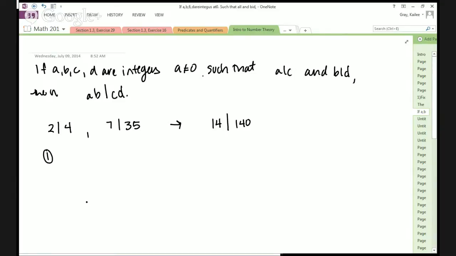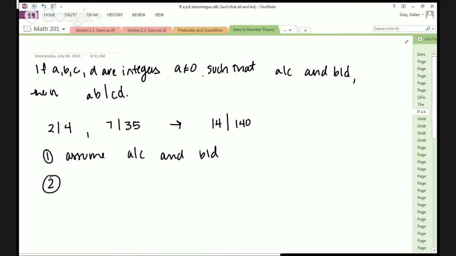So I'm going to start off by assuming that A divides C and B divides D. If I know that, I'm going to use the definition to rewrite this, because remember, this is just a relationship. I can't really manipulate it. I can manipulate it with that theorem that we were just talking about, that three-piece theorem. If you're wondering, it's page 238, theorem 1 from section 4.1.